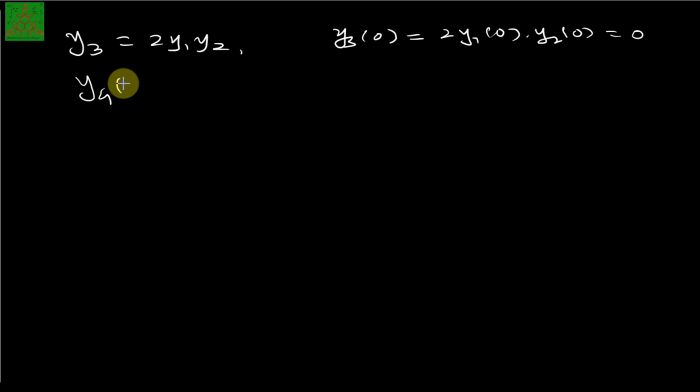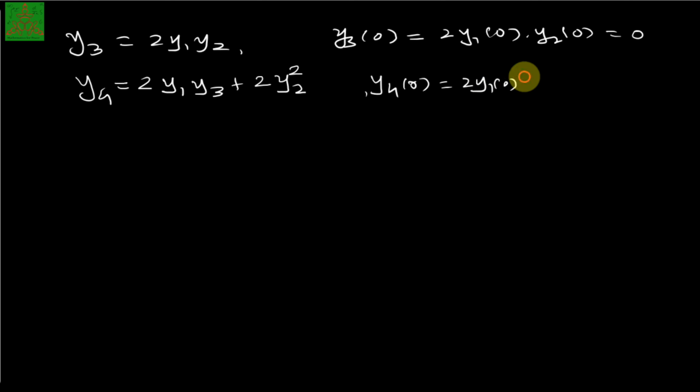For y4, as we have discussed previously, 2 as it is, y1 as it is, derivative of y3 is y4, y2 as it is, derivative of y1 is y2, so it is y2 square. So y4 at 0 gives me y1 at 0 into y3 at 0 plus 2 into y2 square at 0. But y1 at 0 is 0, so this is 0 plus 2 times y2 square at 0.